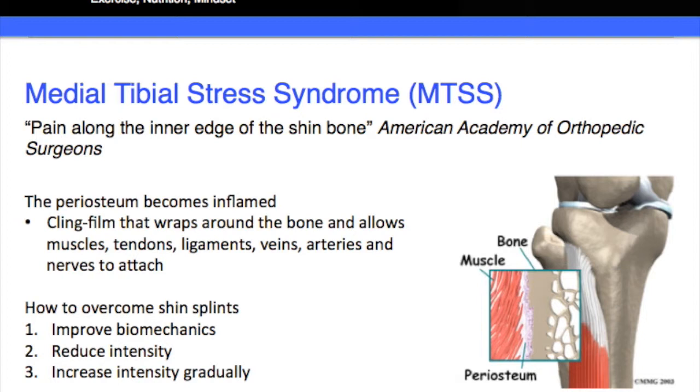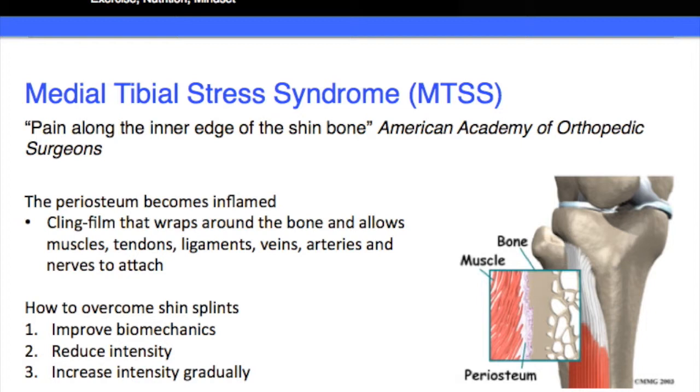It's what supplies the nutrients to the bone. Obviously there's calcium, phosphorus, various cells and organelles inside the bone, and that all needs to be fed and given nutrition, and the periosteum is what allows that to attach to the bone so it's able to feed it.